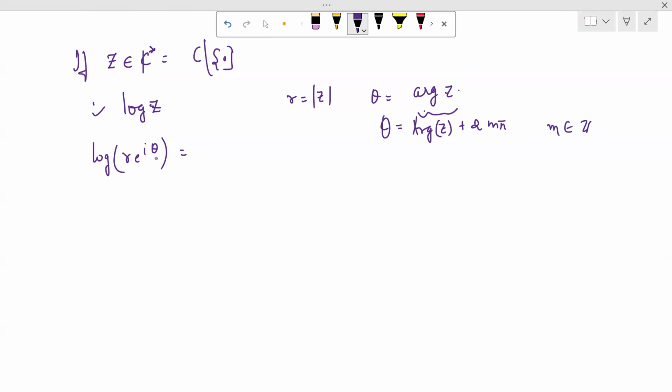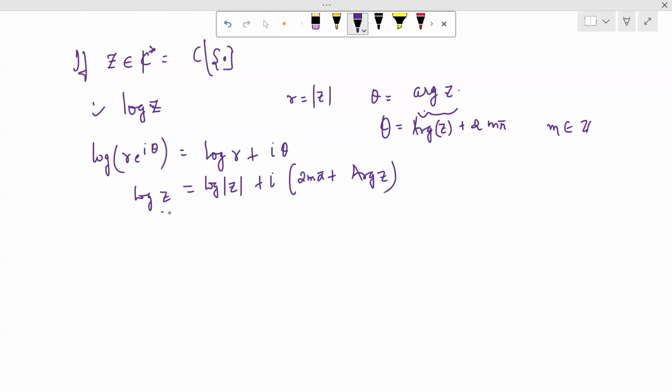So log of r e raised to power iota theta, log behaves the same way, the properties remain the same. So it will be equal to log of modulus of z plus iota theta. So log z is nothing but log of mod z plus iota times 2m pi plus principal argument of z.